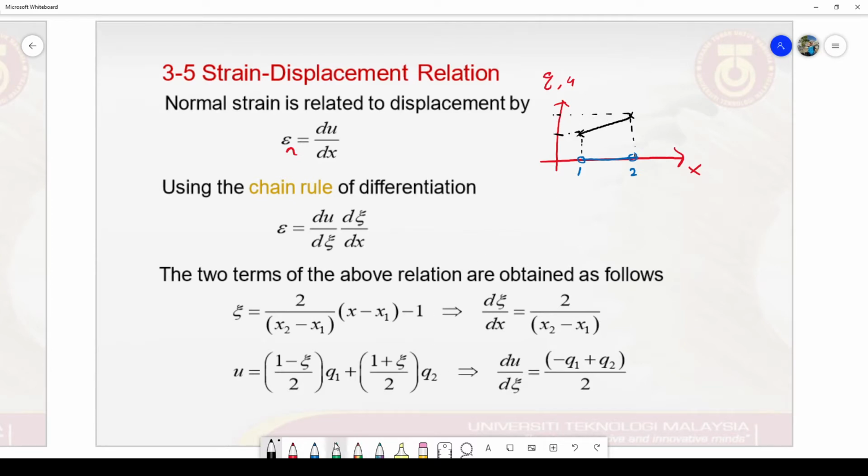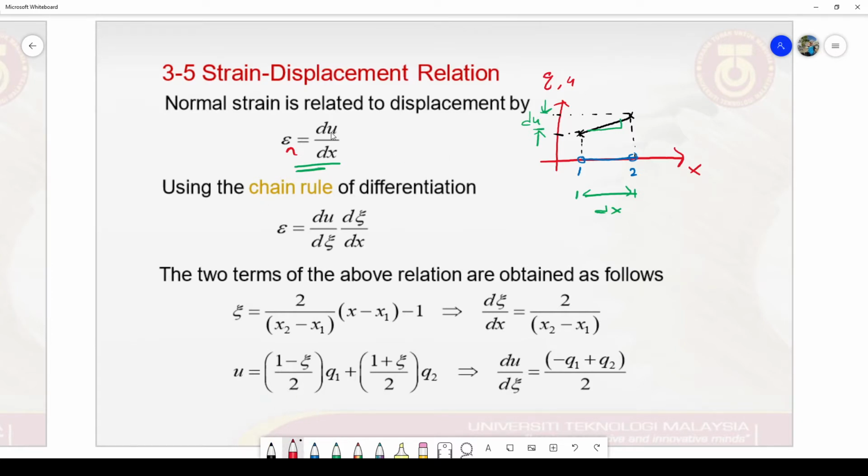So from this, if we take the gradient of du over dx or dq over dx, so this is our dx, and this is our du or dq, then if we take the gradient or the slope of this, it will give us the strain.